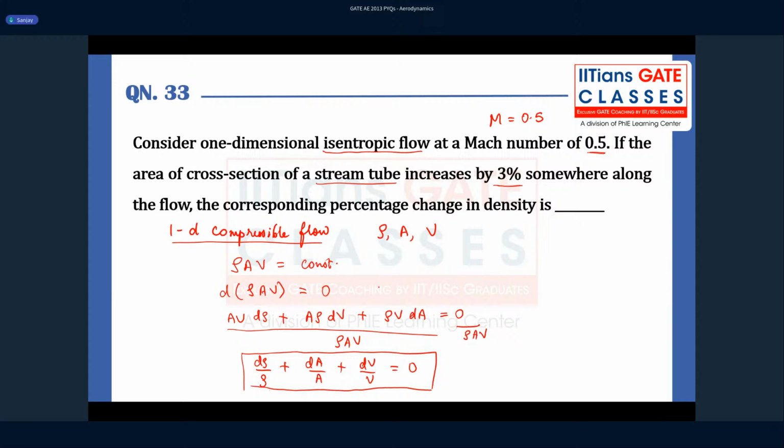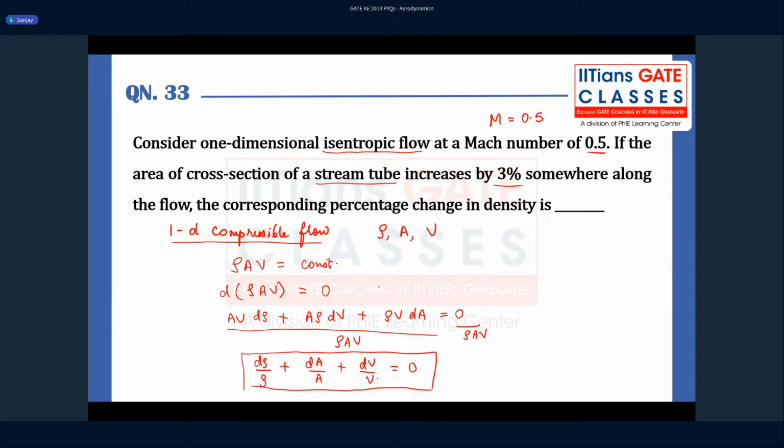So let's use this particular form of the equation to solve this problem, right? Now they have given you that the area of the cross section increases by 3%. So dA by A, change in area by area, is given in percentage, right? And they have asked what happens to the change in density, right? And you know that is also related to the change in, sorry, not volume, change in velocity.